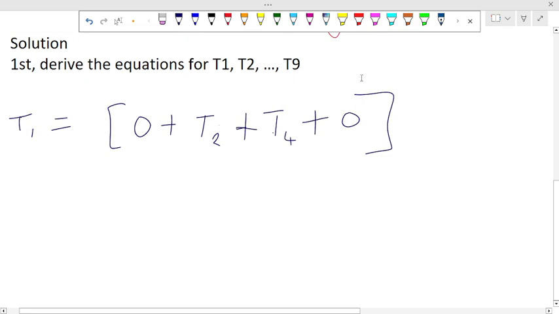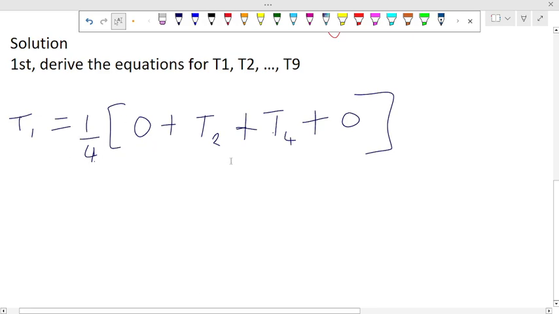What do I mean? 1, 2, 3, 4, so we are dividing by 4. So this is multiplied by 1 over 4, which is the same thing as dividing by 4. So this 1 over 4 must be there. If you look at the general form of this Gauss-Seidel method, this 1 over 4 is also there.